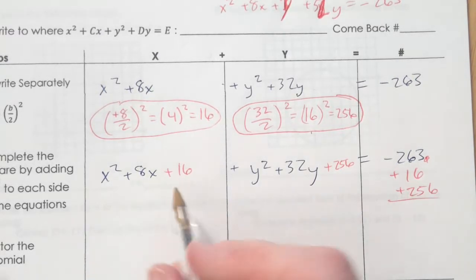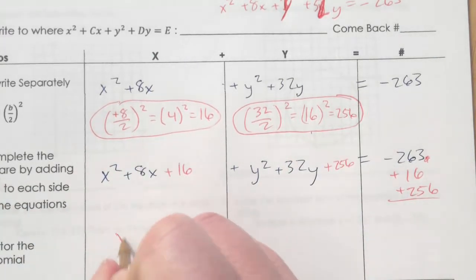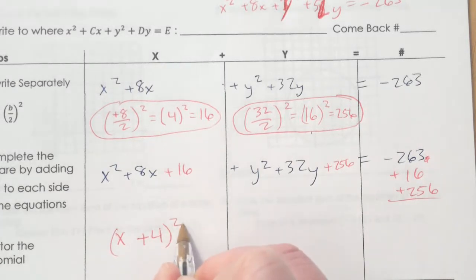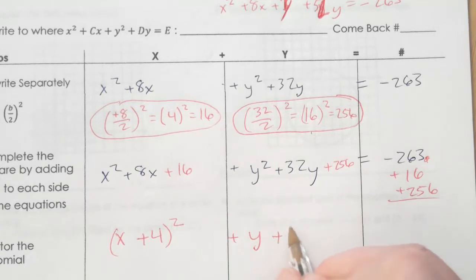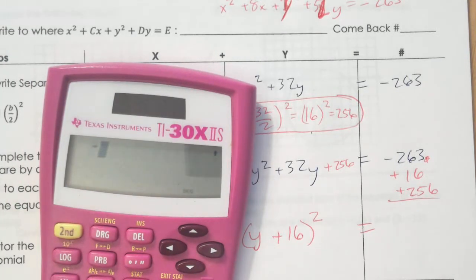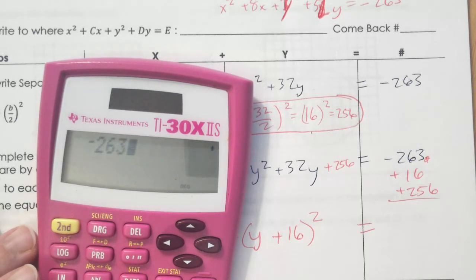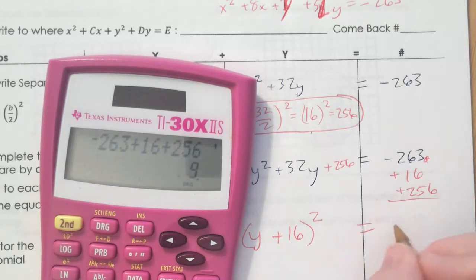Now whatever was in parentheses, write exactly what it was. This would be an x plus a positive 4, and then put a square at the top. Plus y plus a positive 16, square that, is equal to, now add those numbers together: negative 263 plus 16 plus 256. And we get 9.